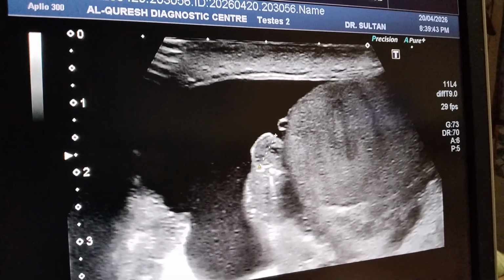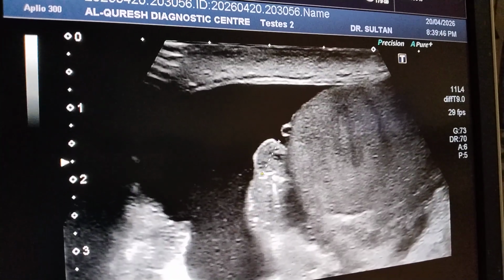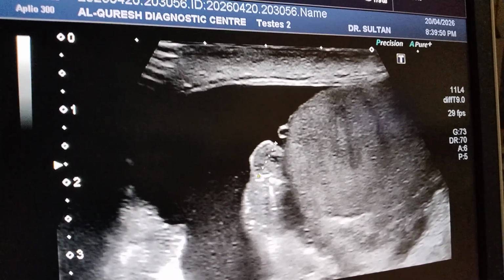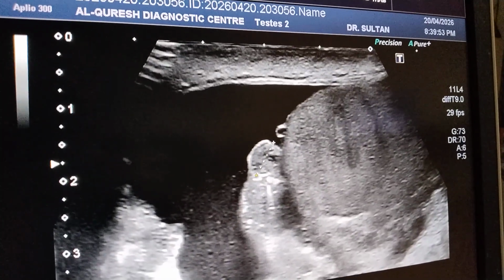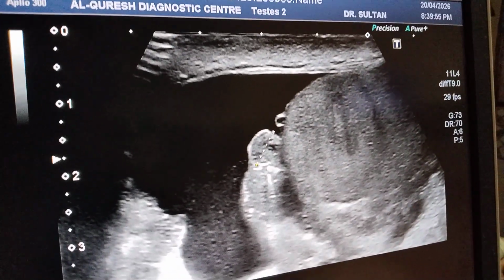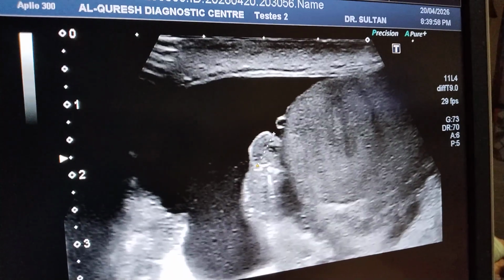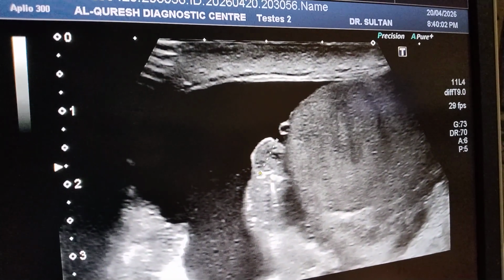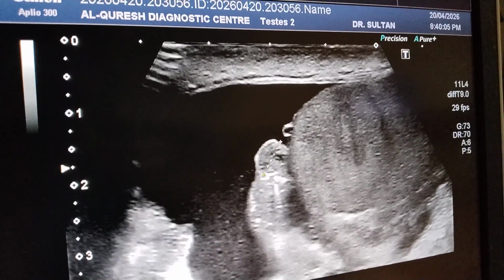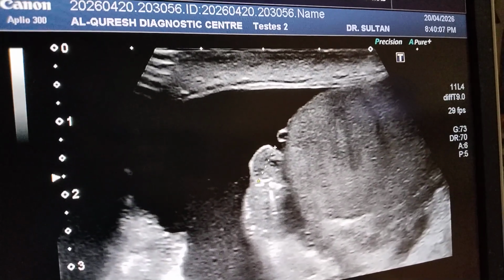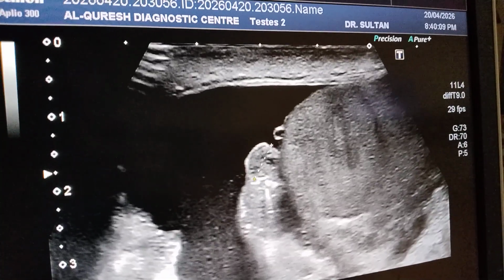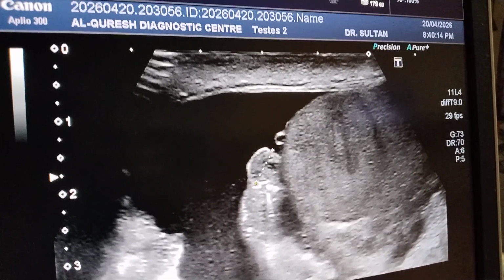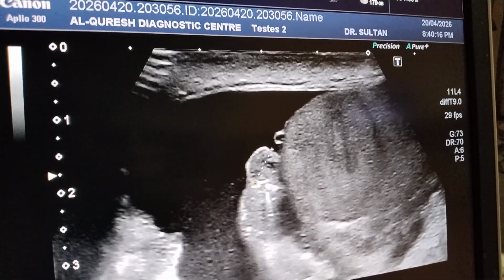inflammation of the appendix. Normally the size is less than 5 mm and oval in shape, and its echogenicity is close to the adjacent testes. But here we have seen the testes is also abnormal, so we can't correlate it with the left testes. However, its echogenicity is decreased and it is heterogeneous.